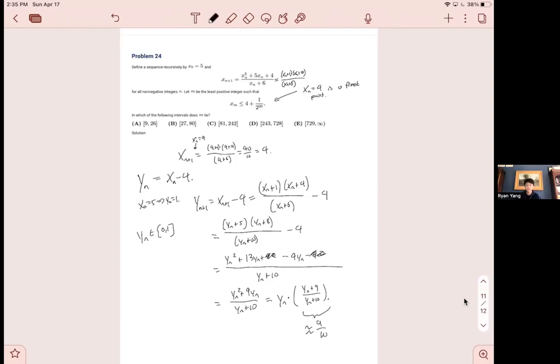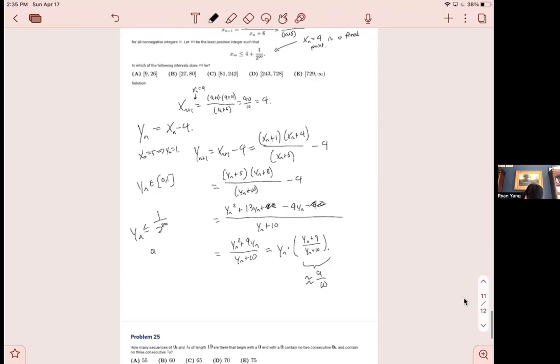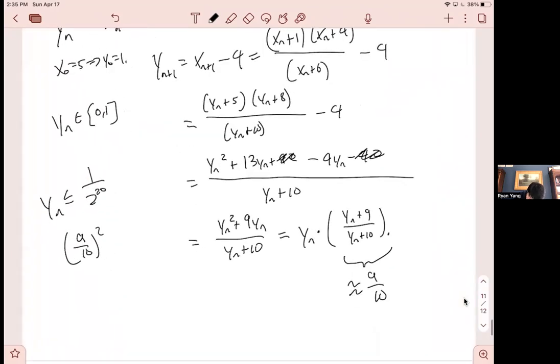Okay. And so now we estimate how long it takes until y sub n is less than or equal to 1 over 2 to the 20. Based on the 9/10 approximation, you can say that y sub n is approximately equal to (9/10) to the n.